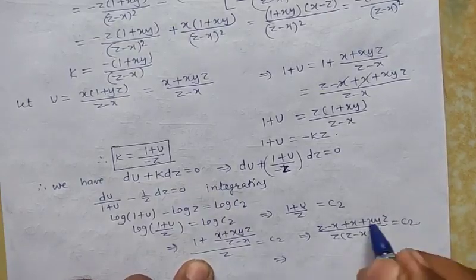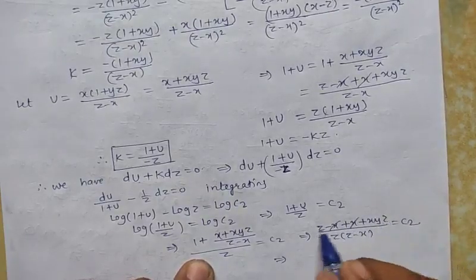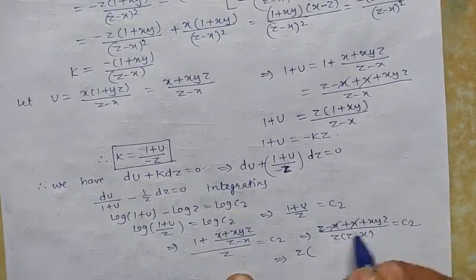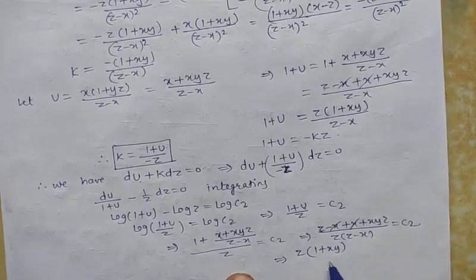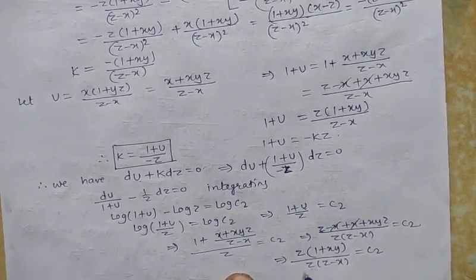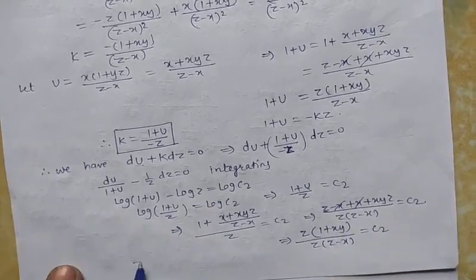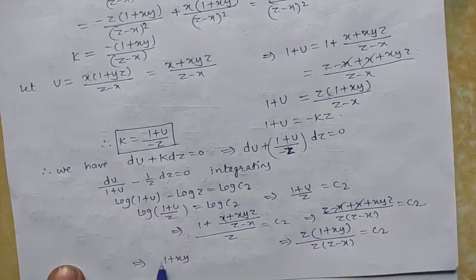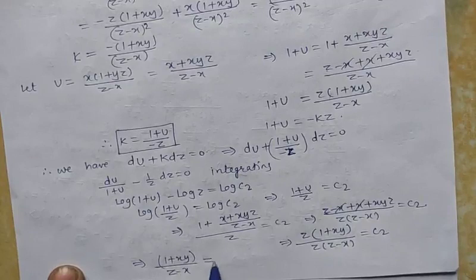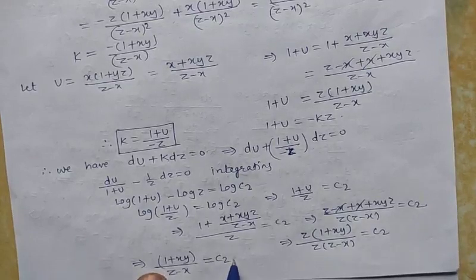So z gets cancelled, taking z outside, we get z into (1 plus xy) upon z into (z minus x) is equal to c2. So z gets cancelled, and we get the equation (1 plus xy) upon (z minus x) is equal to c2, and this is the required solution of the given affine differential equation.